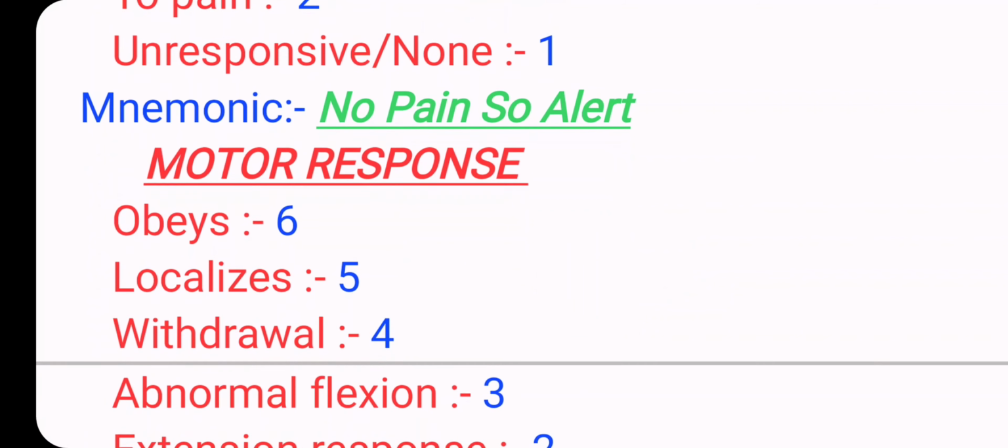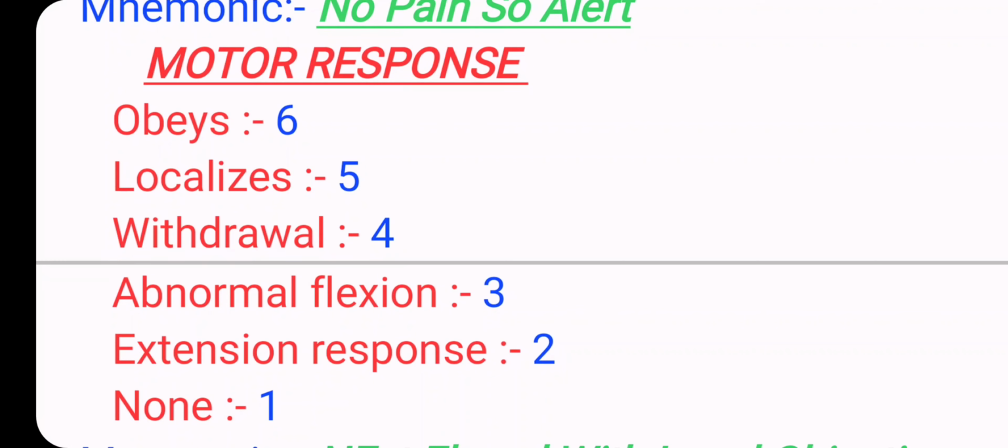Next one is motor response. I already told you, the none value has a score of 1 in every E, V and M. Okay, motor response: none indicates a score of 1.